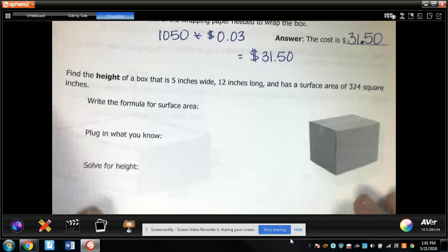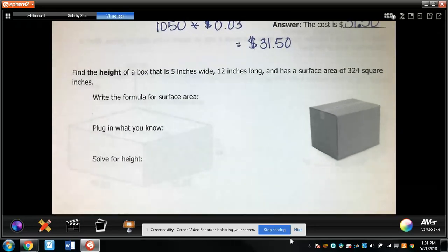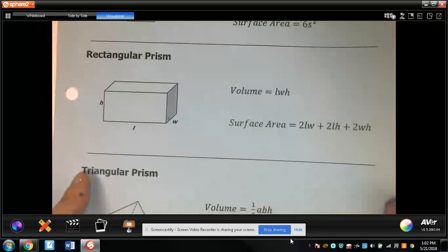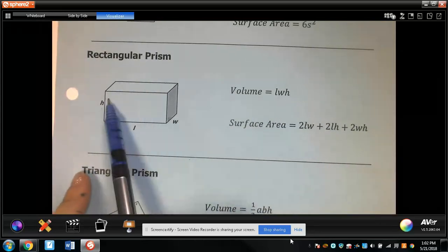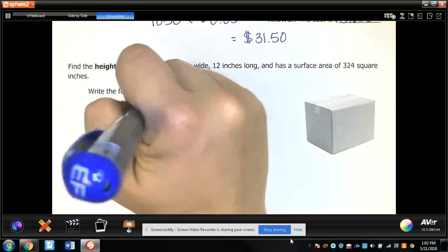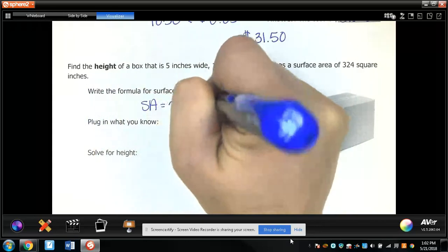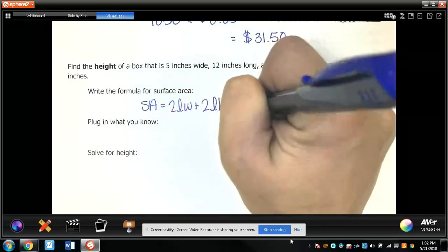All right, next. This says, find the height of a box that is 5 inches wide, 11 inches long, and has a surface area of 324 square inches. So what I would do is I would look at the box, the rectangular prism, and I would write down the surface area formula. So surface area is 2 length width plus 2 length height plus 2 width height.